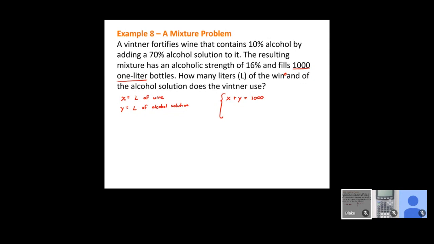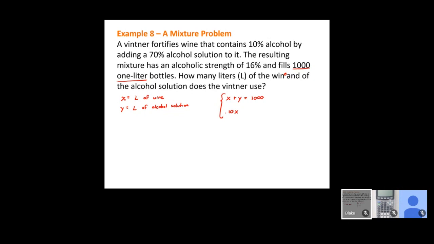So what do we know about the wine? What's the concentration of alcohol in the wine? 10%, right? So I know that I'm going to take 10% of the liters of my wine, because that's the percentage there. So we have a 10% solution for our wine.